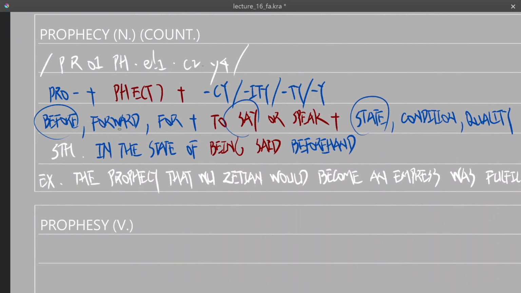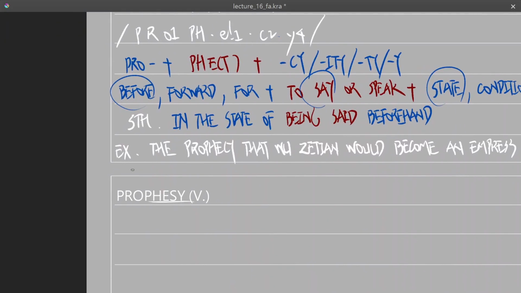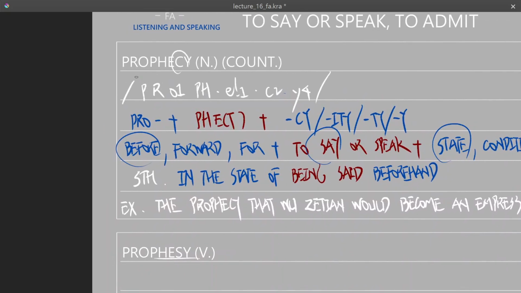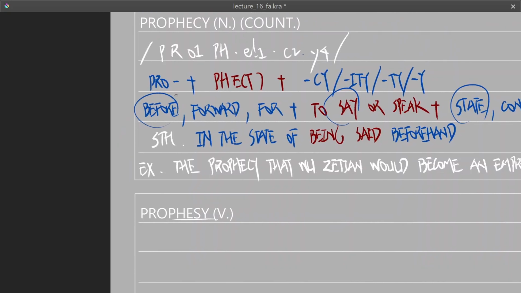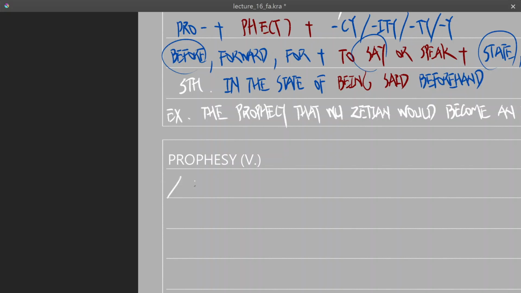All right, next we have prophesy as a verb. It's pronounced prophesy. So prophecy, prophesy.